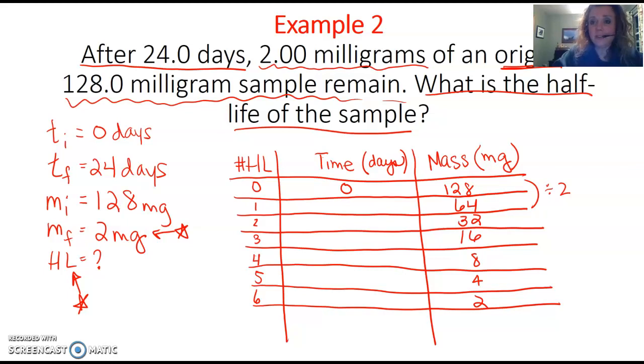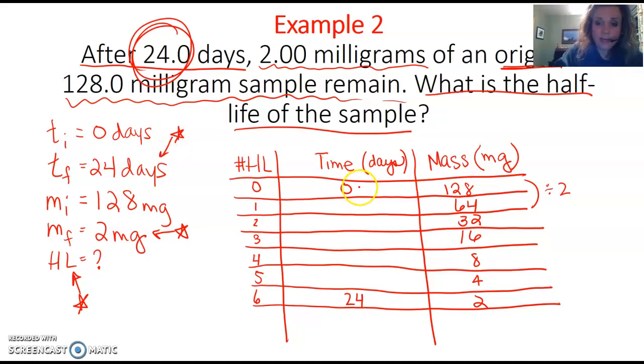And now what we have to do is figure out what is the half-life of the sample. Well, in order to do that, I'm going to count how many times we have to add the half-life to get to 24 days. Because according to our problem, that was our final time.